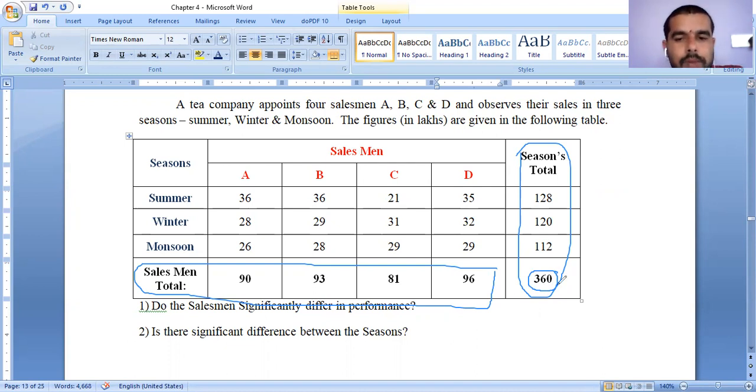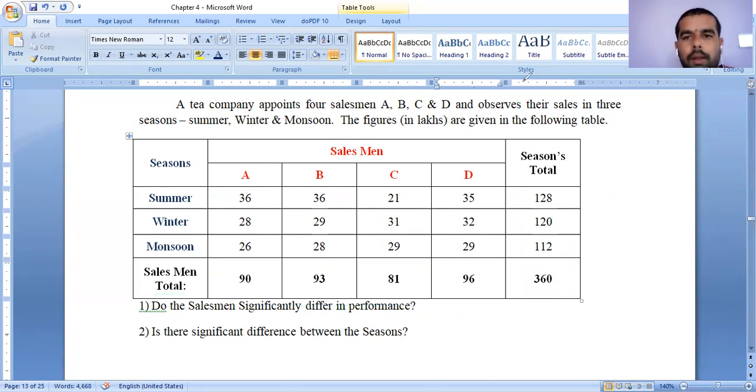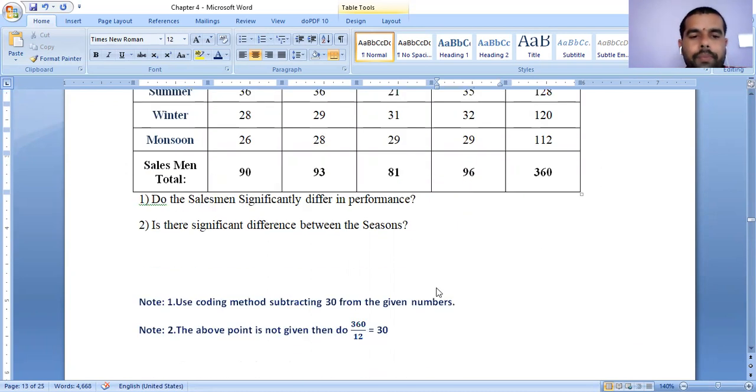What is the correction factor principle? T square by n. Sometimes the examiner has already done the totals, so this 360 is also given, and the grand total information is available. At that time, no need to worry. But if the column totals and row totals are not done, in that situation only you have to perform it this way.